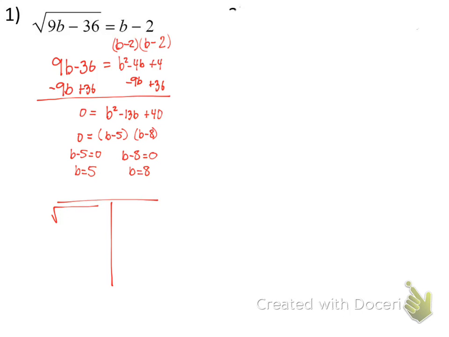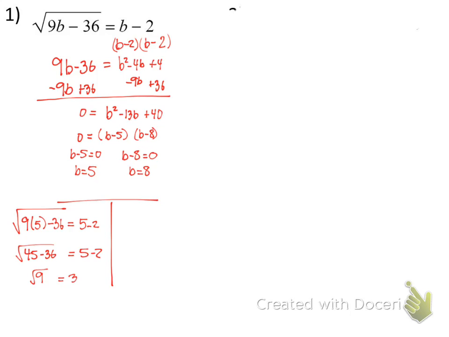So instead of b, we're going to put 5. 9 times 5 minus 36 is equal to 5 minus 2. Okay? 9 times 5 is 45, and then 45 minus 36 is 9, so the square root of 9 is equal to 3.